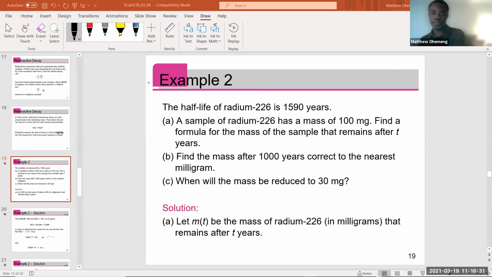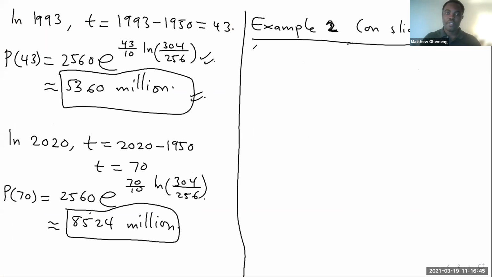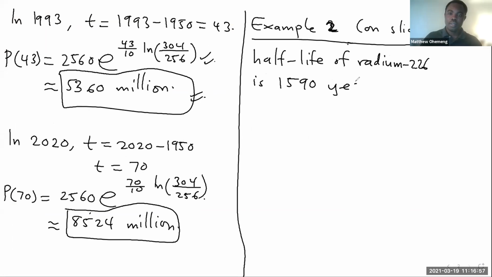Okay, so let's do this. The information that we are given here is the half-life of radium-226, which is 1,590 years. So let's employ that idea. Our model is given by m of t equals m of 0 times e to the kt.